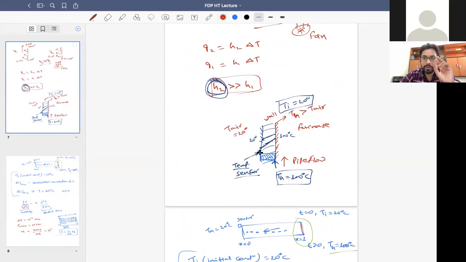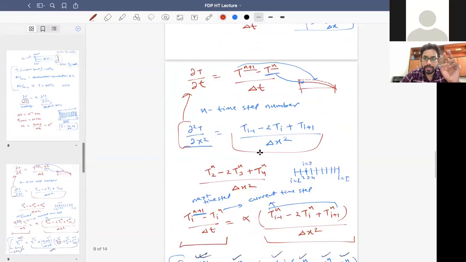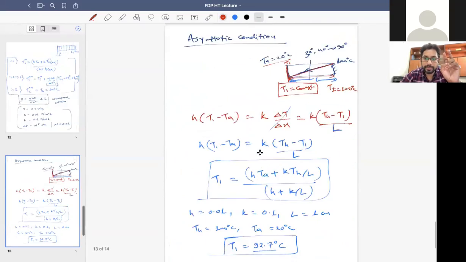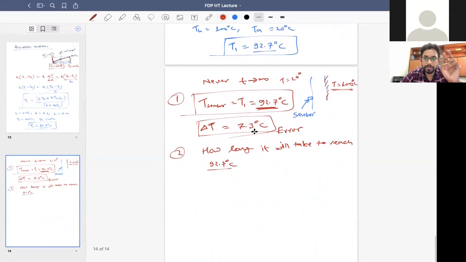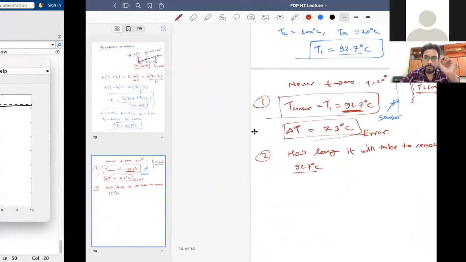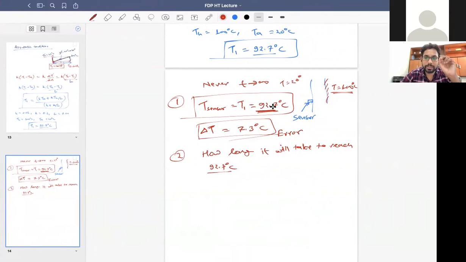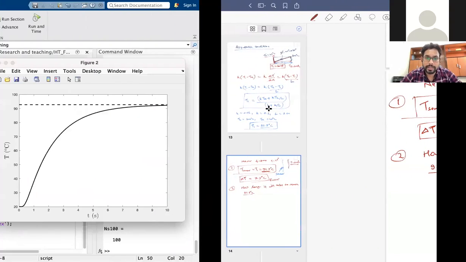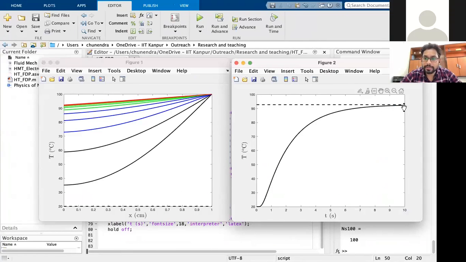First, we wanted to know how long it takes, and second, what is the error. The error, as we saw already, is around 7.3 degrees Celsius. The sensor will never give you the right value, and even to reach this temperature that it shows, 92.7 degrees, it takes almost 10 seconds.